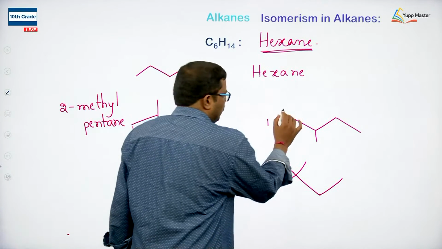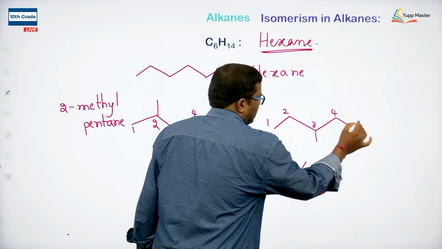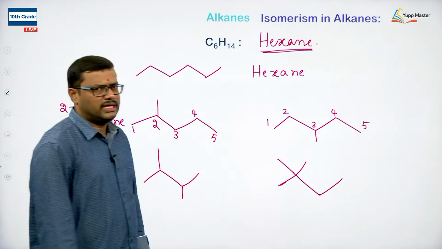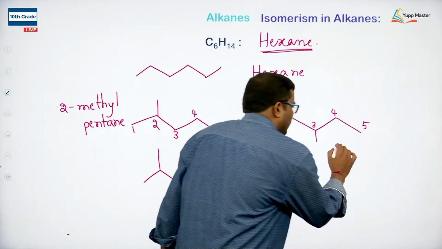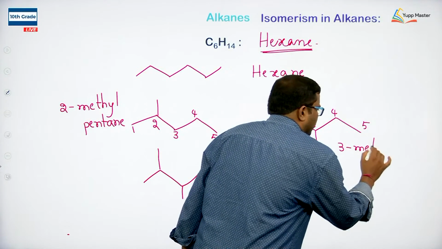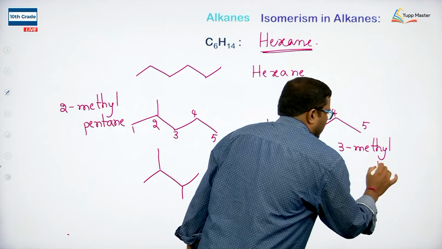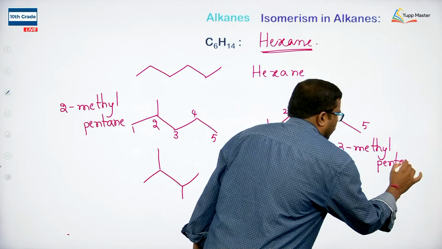Similarly, in this case also, if I select the continuous carbon chain having 5 carbon atoms, the parent chain is pentane, but the methyl substitution is present at the third position, so we can write it as 3-methylpentane.